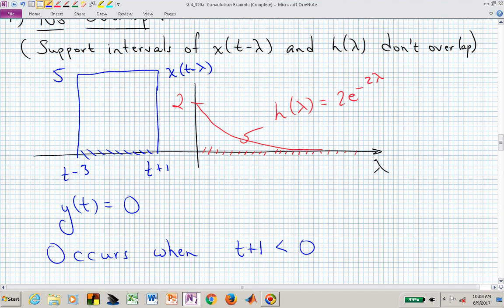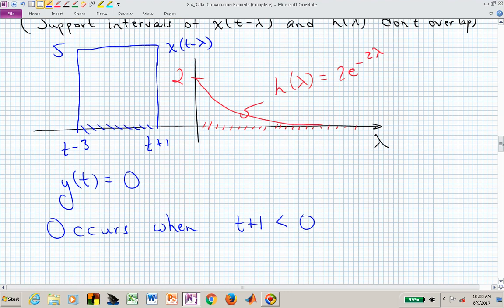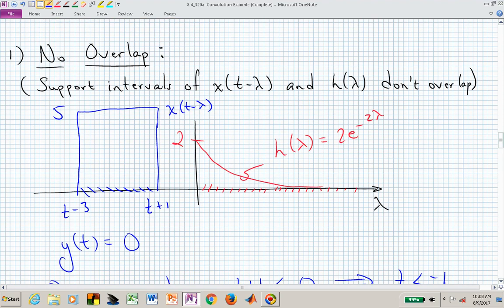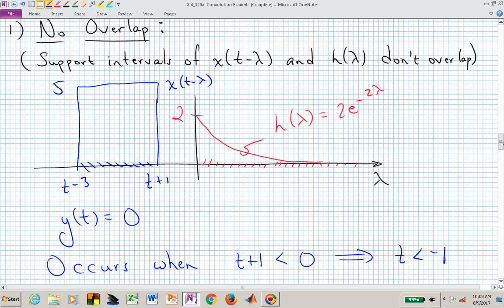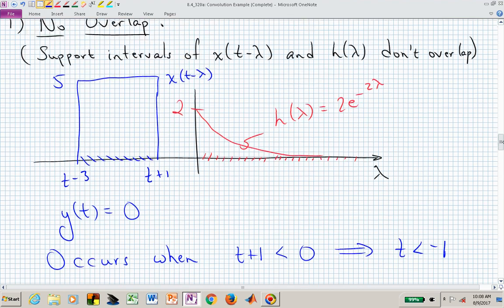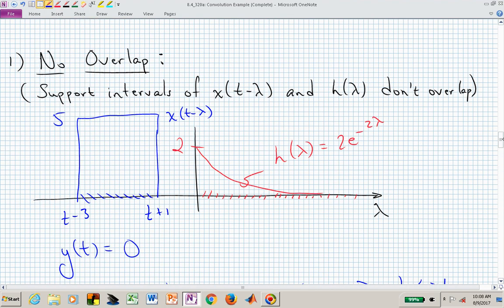So as long as t plus 1 is less than 0, or as long as t is less than minus 1, then y of t is equal to 0, because the product of h and x of t minus lambda is 0. We're multiplying, and there's no interval of support where they overlap. So y of t is equal to 0 as long as t is less than minus 1. That's the first overlap pattern, which in this case is no overlap.